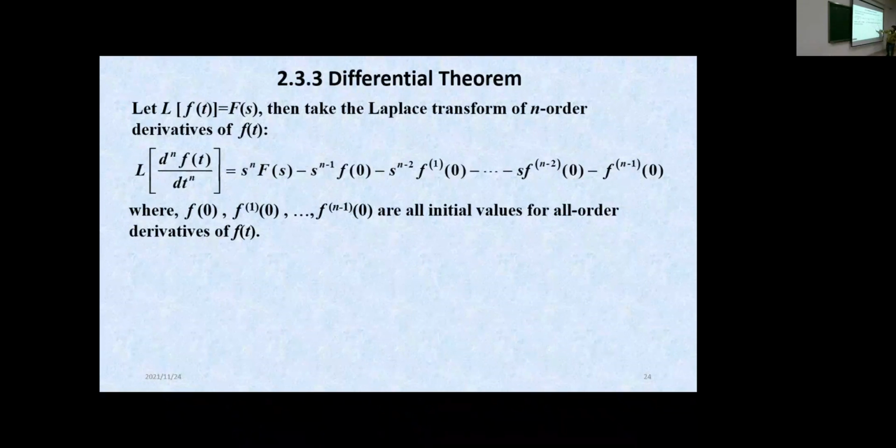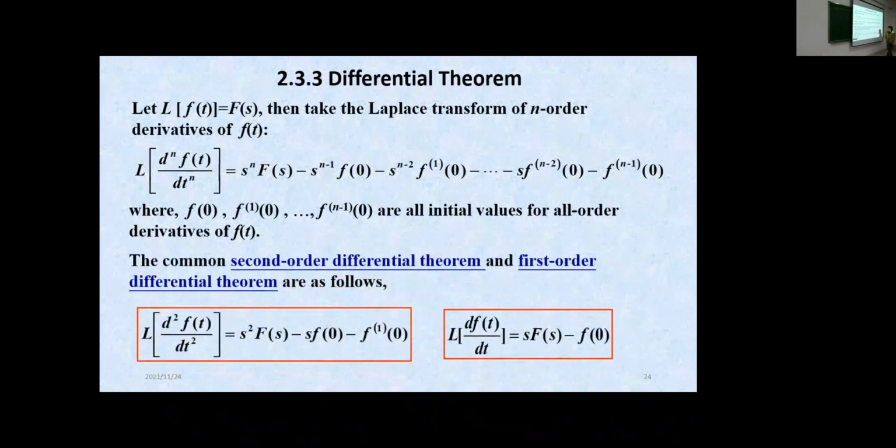Where f(0), f'(0), up to f^(n-1)(0) are all initial values for all order derivatives of f(t). We get a lot of these terms in this equation. The common second order differential theorem and first order differential theorem are as follows.